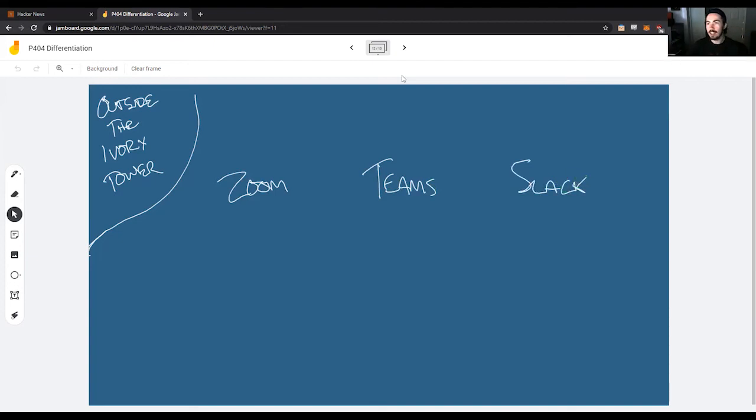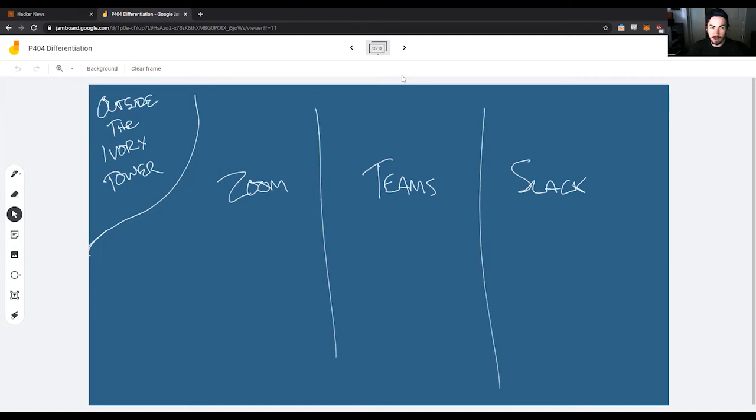Online remote collaboration. How do these differentiate from each other? Where are they focused? Are they all actually trying to solve the same problem? I would say no. And I would say there's key things that each of them is focused on, and where they differentiate themselves. And so we'll break this down.